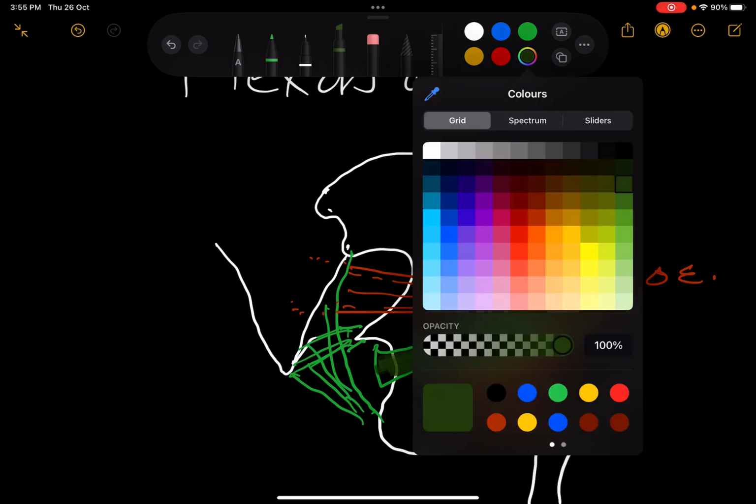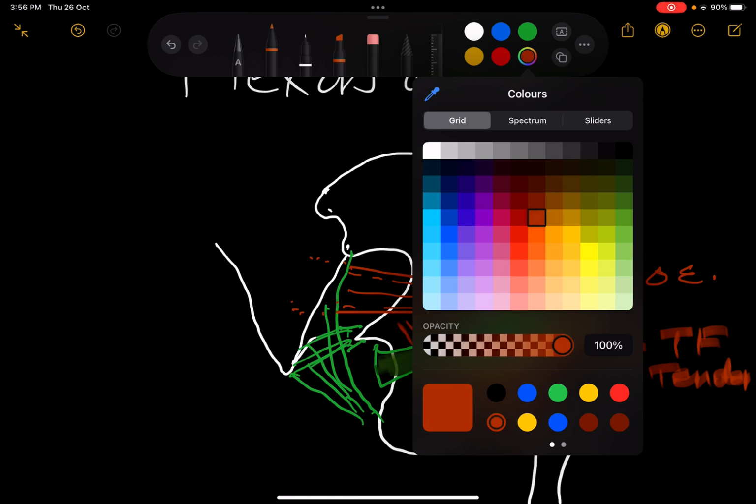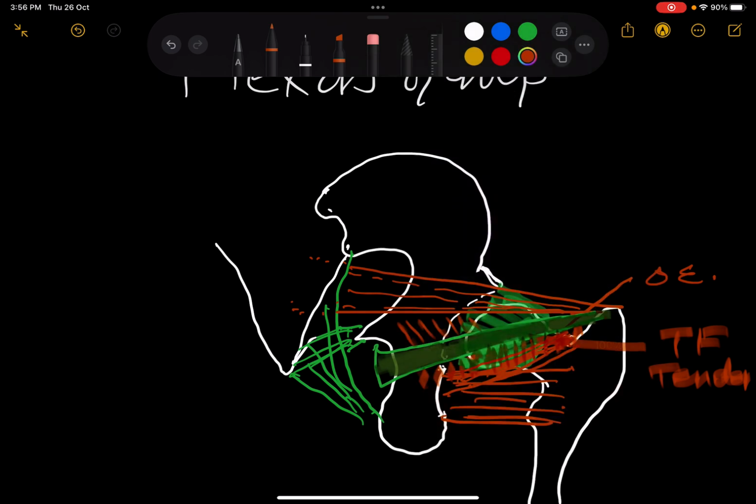Then you have the superior gemellus and the inferior gemellus, which makes this a triflagellate tendon. So the inferior and the superior gemellus make it the triflagellate tendon. And this is the quadratus femoris.